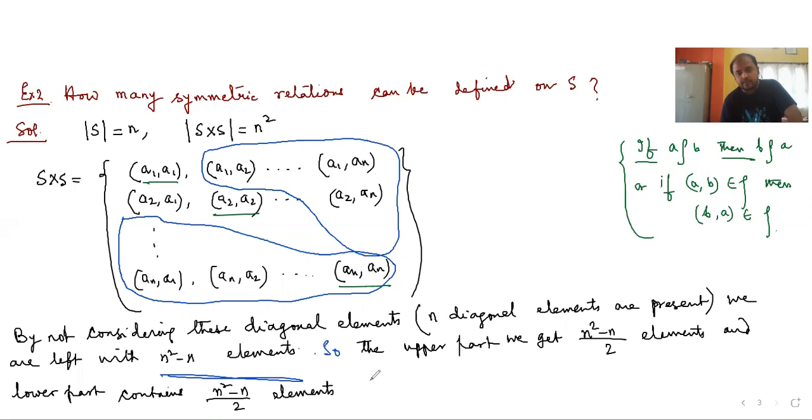So if we add them together, we get n square minus n elements, the non-diagonal elements.